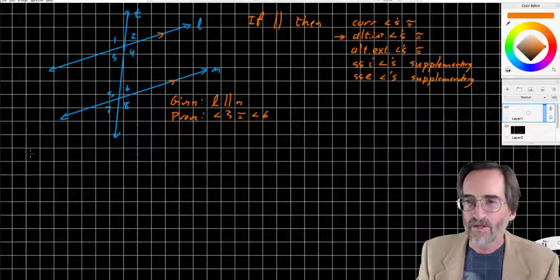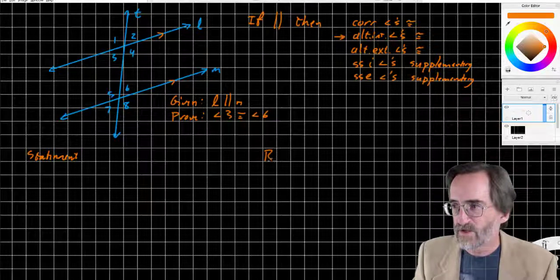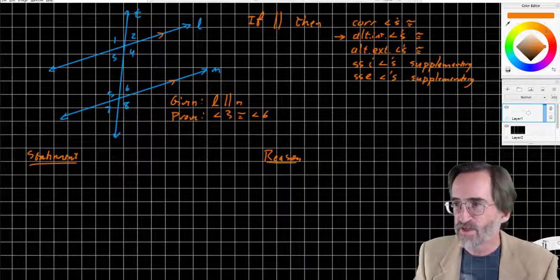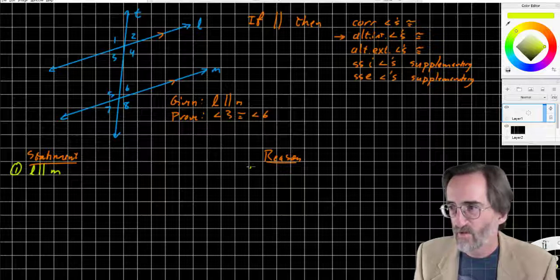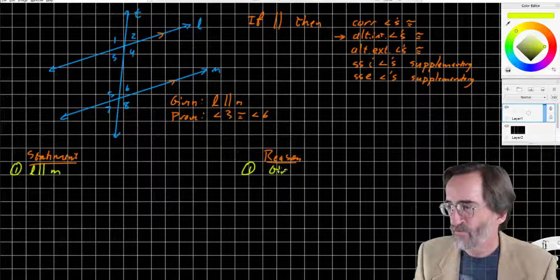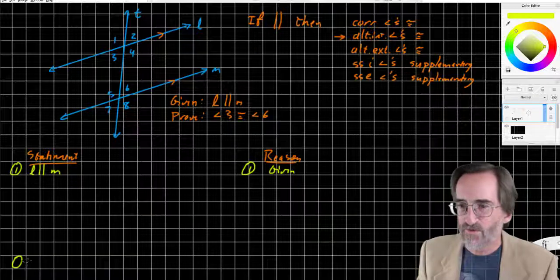So, statement and reason. First statement: L is parallel to M. Reason: given. Where do we want to end up? The last line should read, angle 3 is congruent to angle 6.